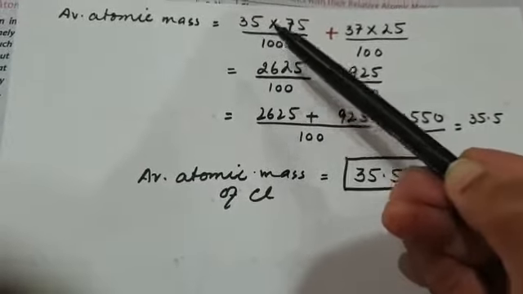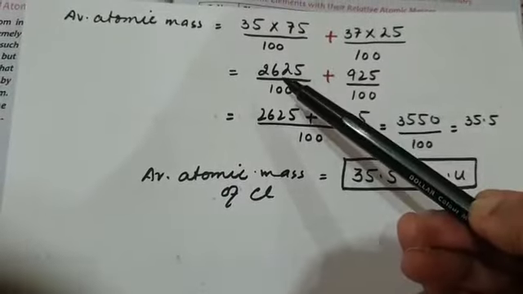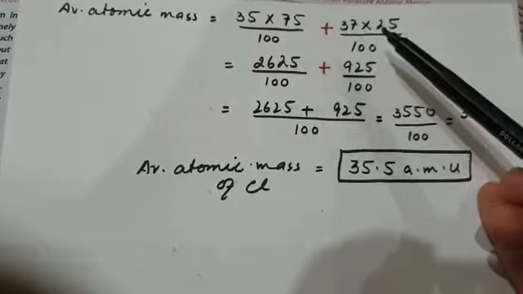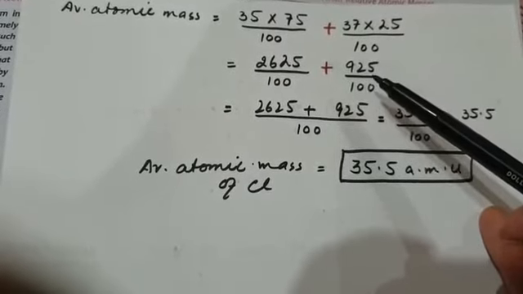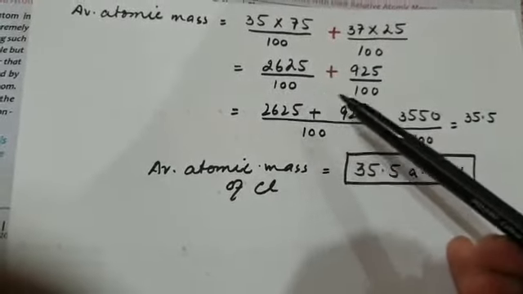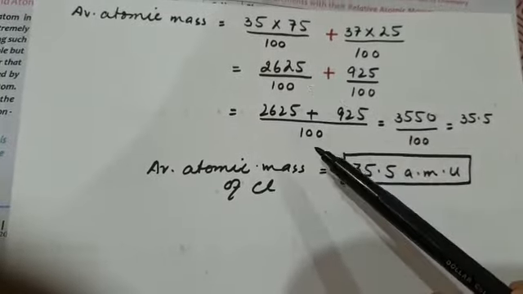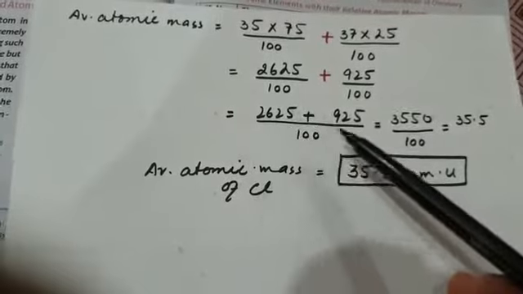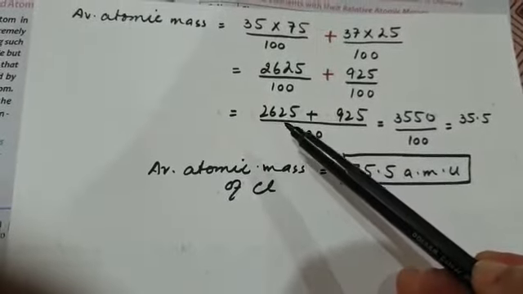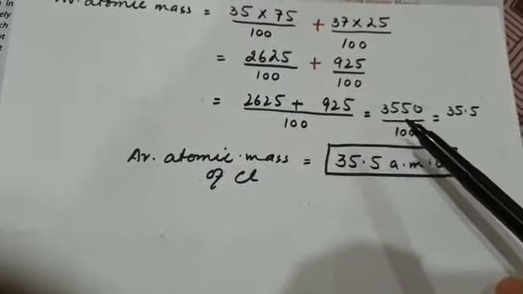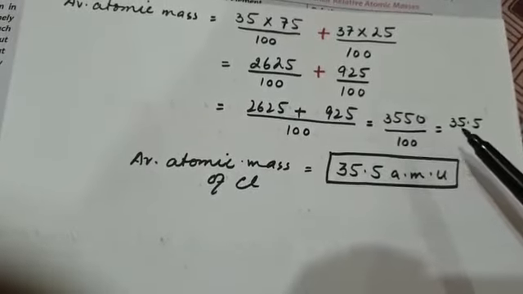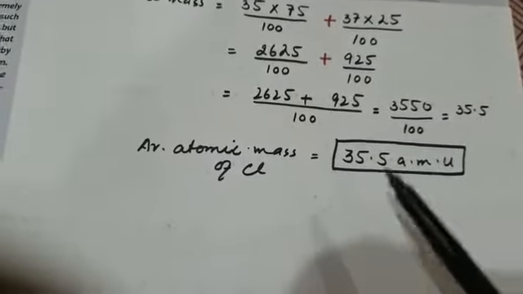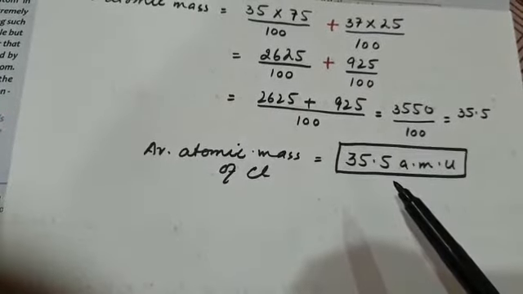When you multiply 35 with 75, you will get 2625, and when you multiply 37 with 25, you will get 925. When you take the LCM, you will get again 100. When you take the sum of these two figures, you will get 3550 divided by 100. When you divide it by 100, you will get 35.5, and that is the average atomic mass of chlorine.